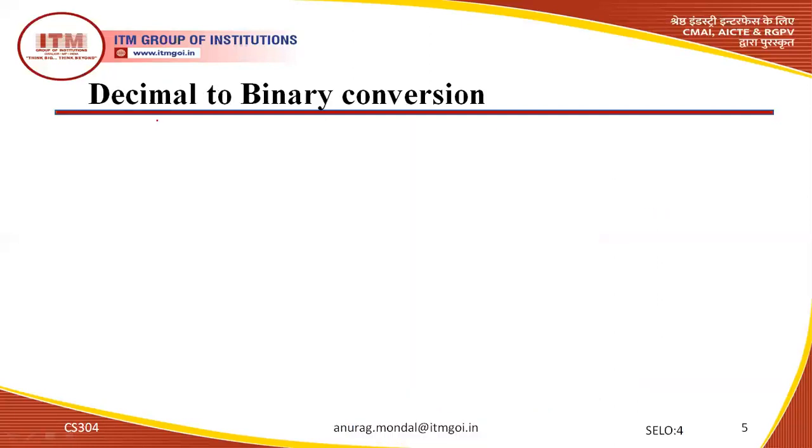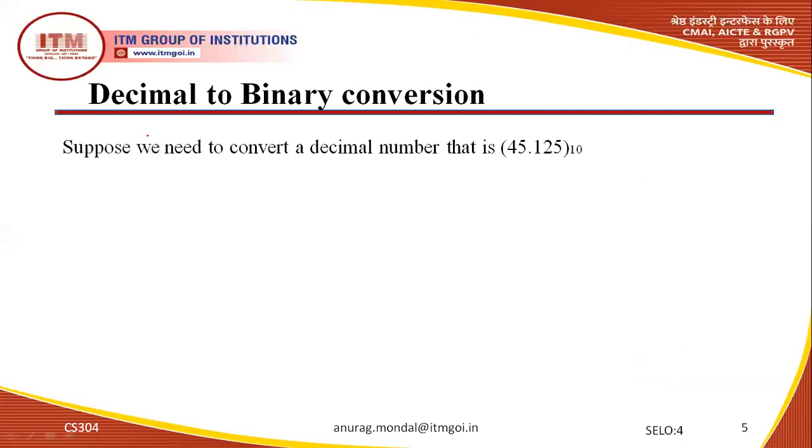First is the decimal to binary conversion. What are we supposed to do? We need to convert the decimal number 45.125, which is base 10, to its binary equivalent. So we need to follow some steps.